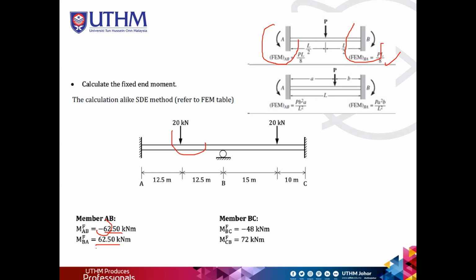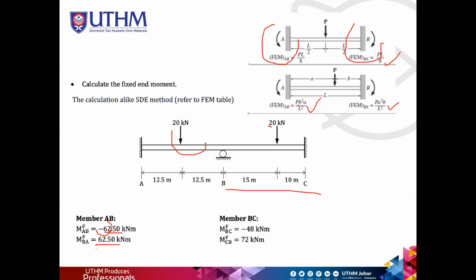Okay. And another one, member BC. If you look here, the equation that suits MBC, member BC, is this one. So for BC, you need to refer to Pb squared a over L squared. P is the value of 20.